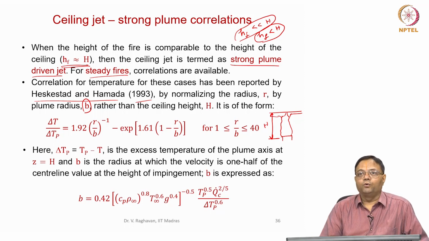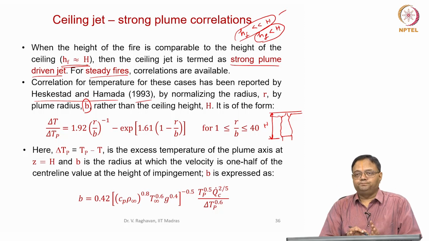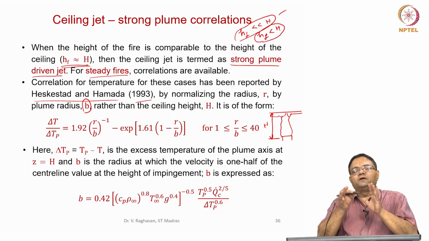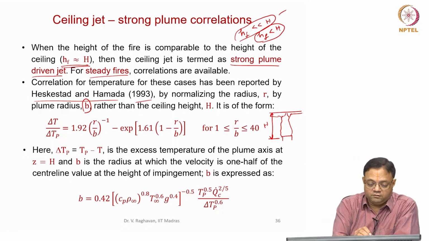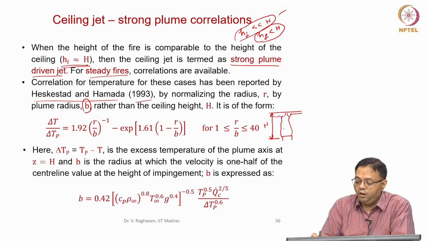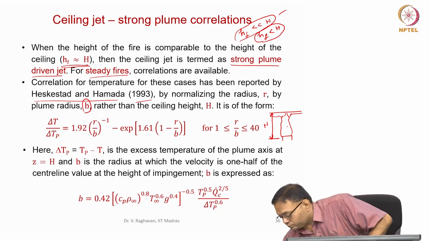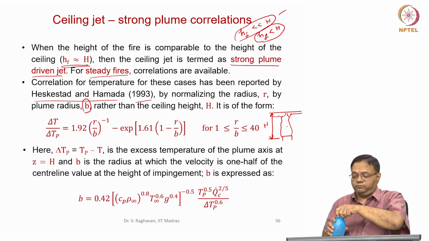This is the problem now. In the previous case, where HF is much less than H, we have a definite plume region. Then the plume impinges on the ceiling and a ceiling jet forms. In the strong case, that is when I have HF comparable to H, I have the solution dependent on the plume radius.